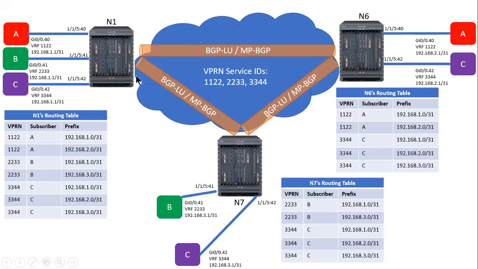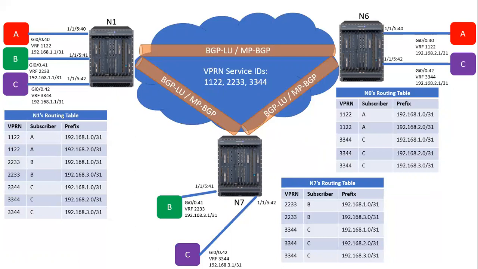But again, the main thing being that each VPRN essentially segments the router into a router that's separate from the global context. So by creating a VPRN, you in essence create a virtual router for this particular customer.